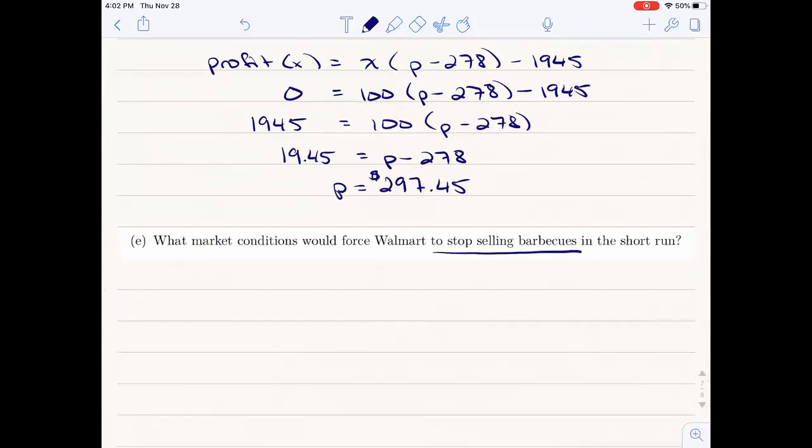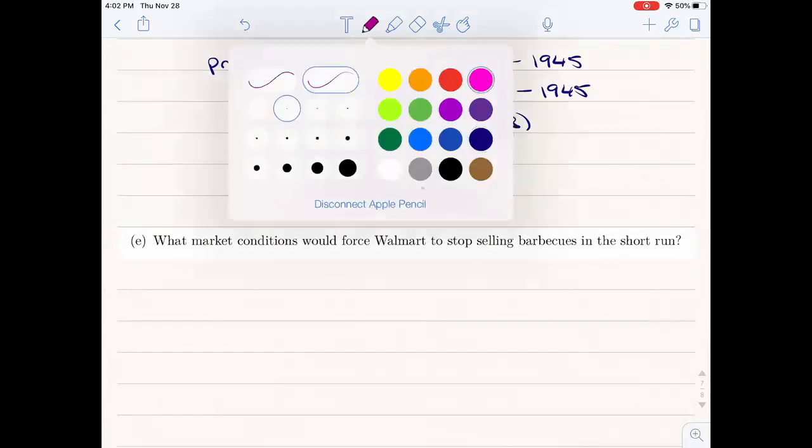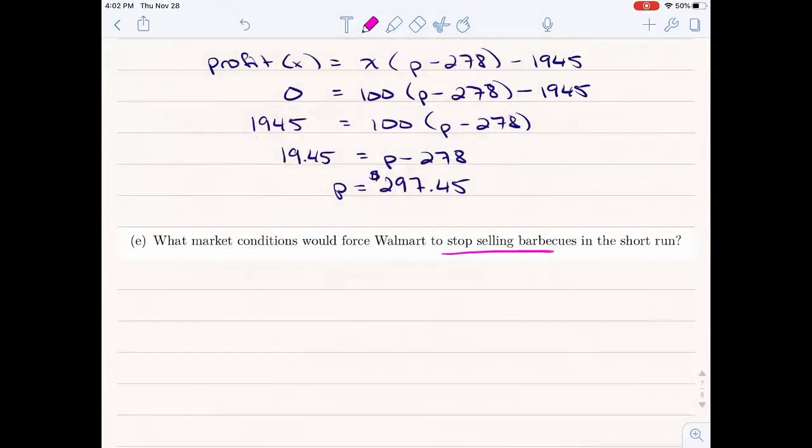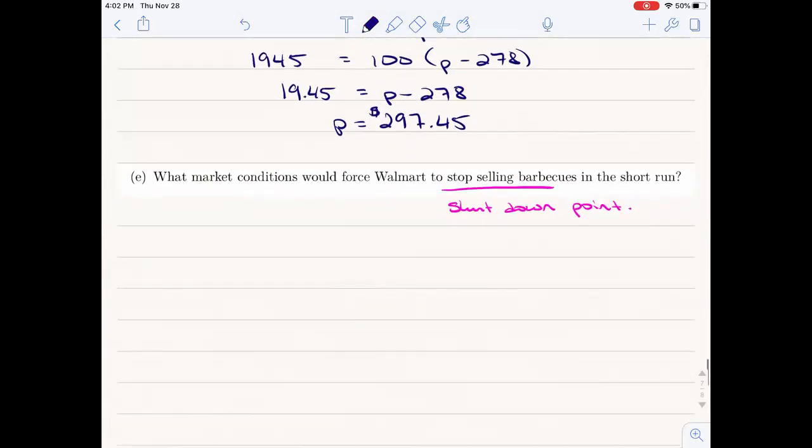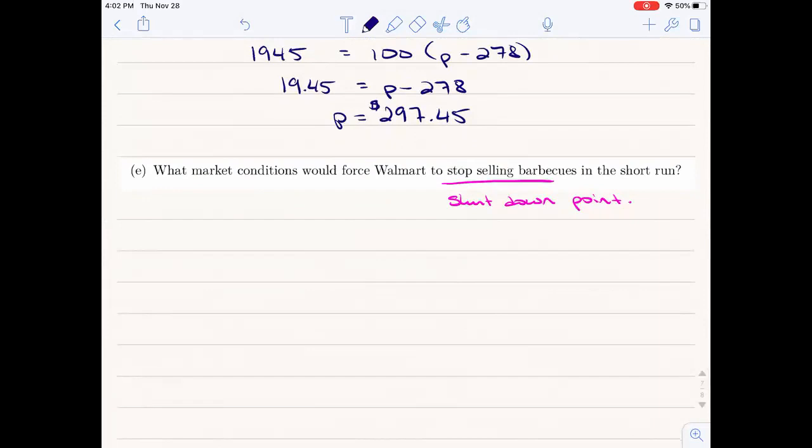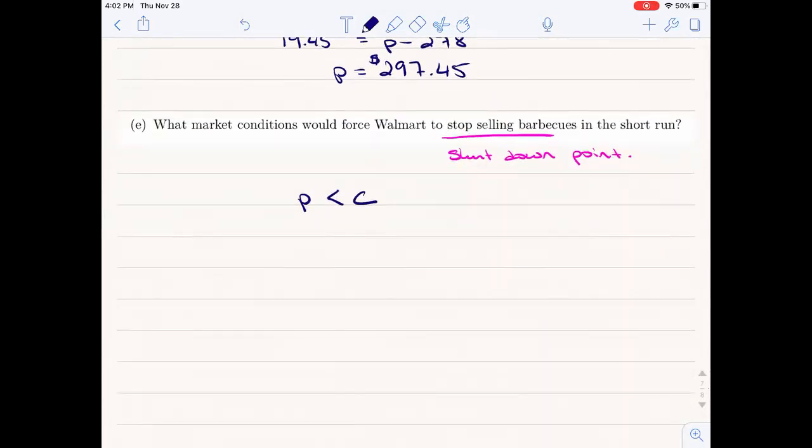If they have to stop selling barbecues, this is the shutdown point. Right? The shutdown point is when P is less than C. We know the cost is 278, and so P less than 278.